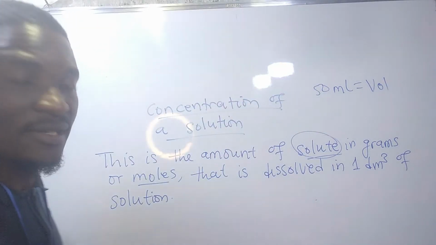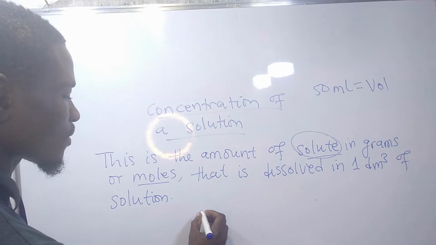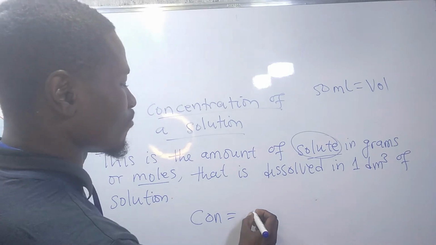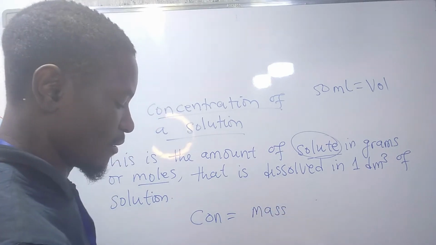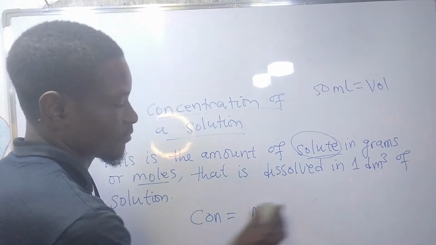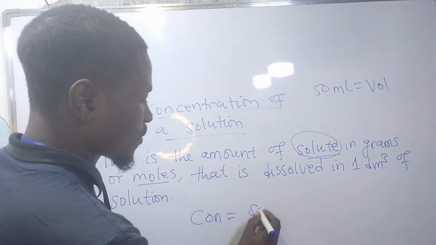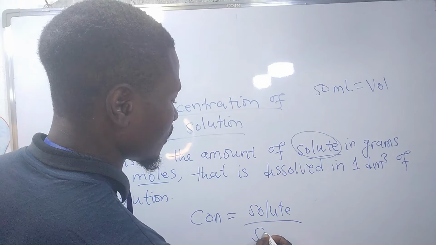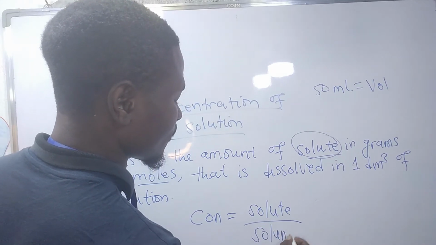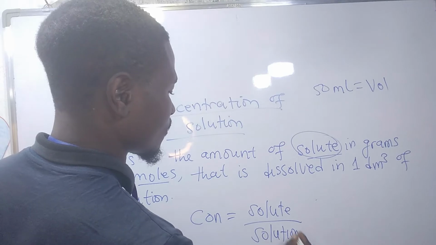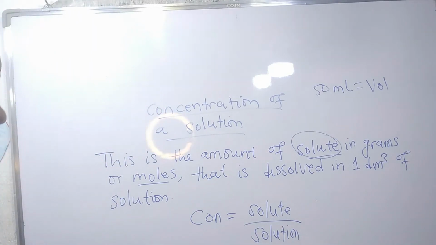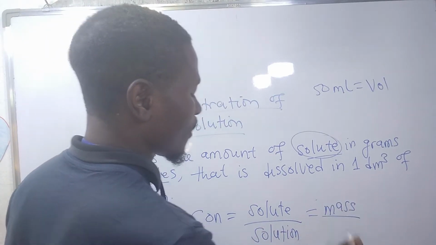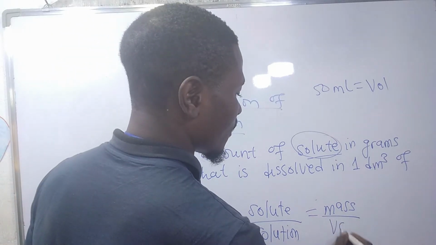Now in that case, the formula of concentration can be given as the mass of the solute over the volume of the solution. So this solute can be mass, and then this one is the volume.